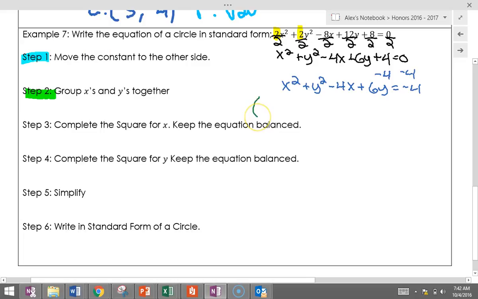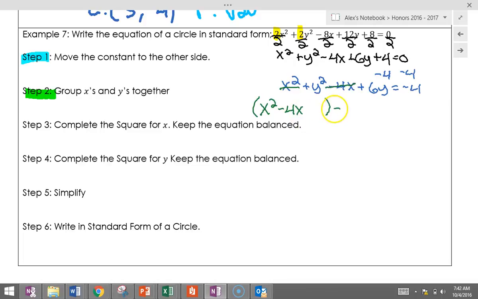This part's a little bit different because they're not in the same order. So I want x squared and my other x, so minus 4x, leave a space. And then I need y squared and my other y. Even if they're not next to each other, we need to write them next to each other. That's what that step is.